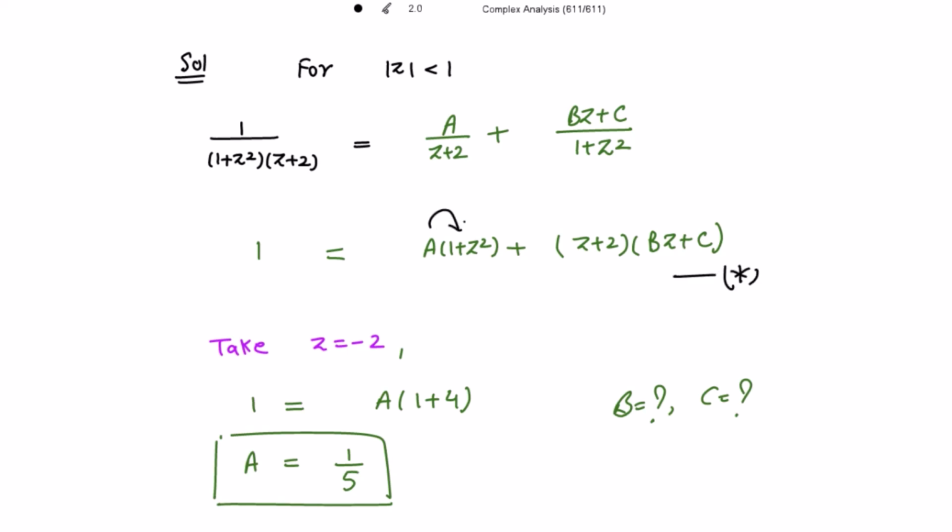Let's multiply a inside this and also z plus 2 inside this bracket. So we are getting 1 equal to a into z square plus a plus b into z square plus 2bz plus cz plus 2c.